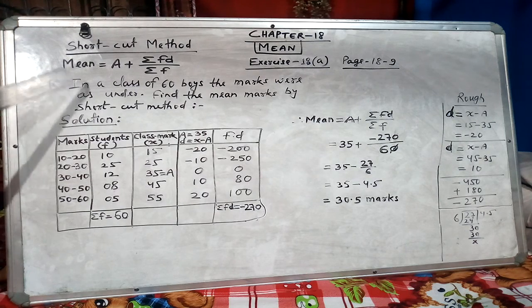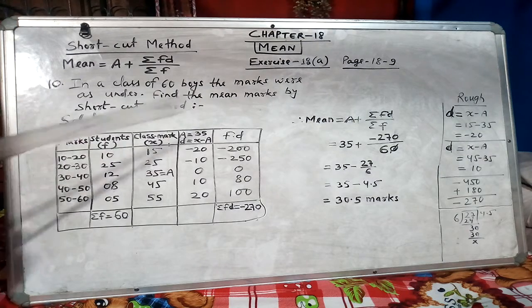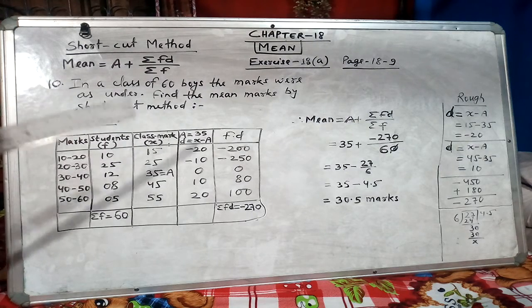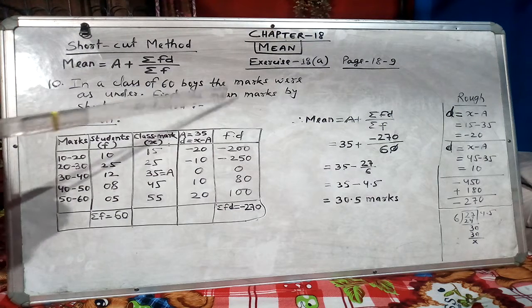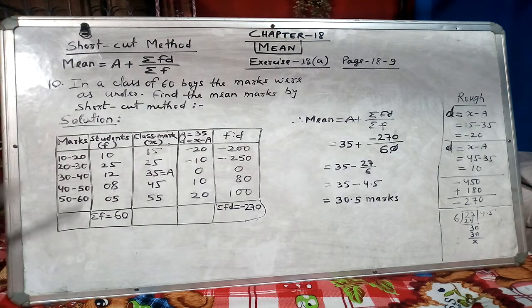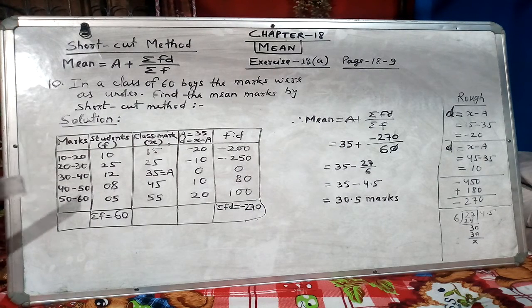Question number 10. In a class of 60 boys, the marks were as under, like the 60 boys have scored some marks. You have to find the mean marks by the shortcut method. The question table was too long, so I have written it directly in the solution. These two columns, marks and students, were in the question, given in horizontal form, and here in the solution I have written them in vertical form.